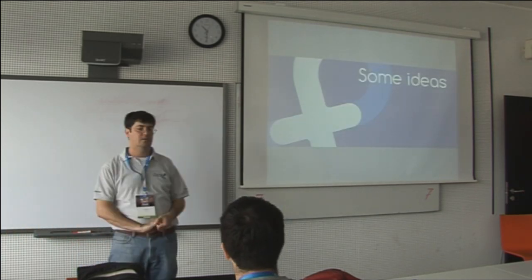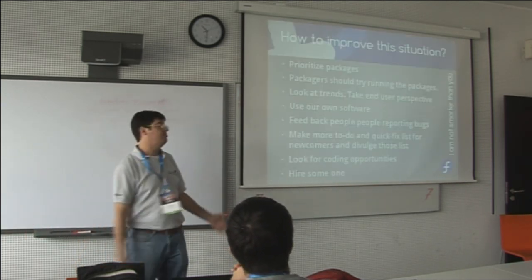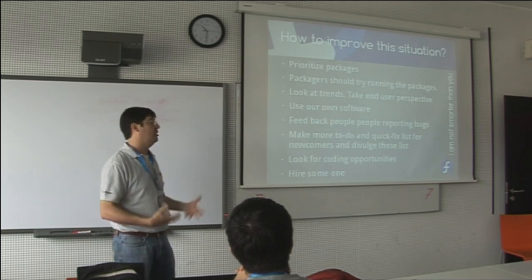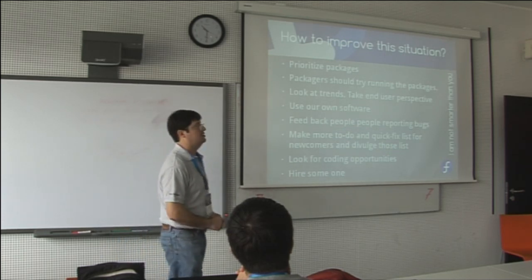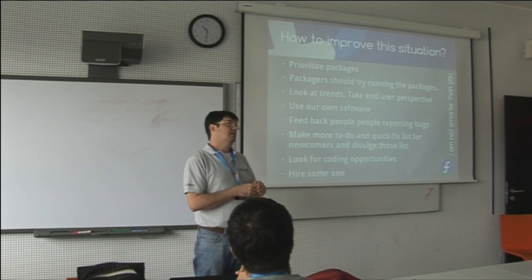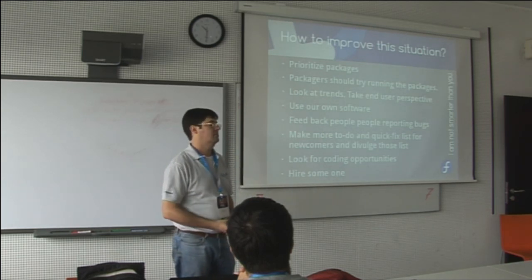So, how to fix this? Again, I am not really into development, so I don't have all the answers, but I think that we have to prioritize packages. For me, I think that something like system-config-lvm should be there.